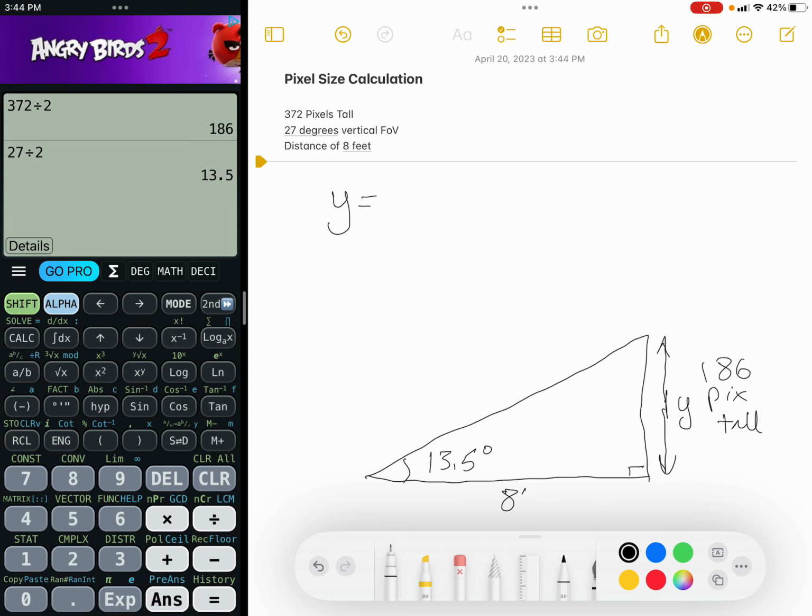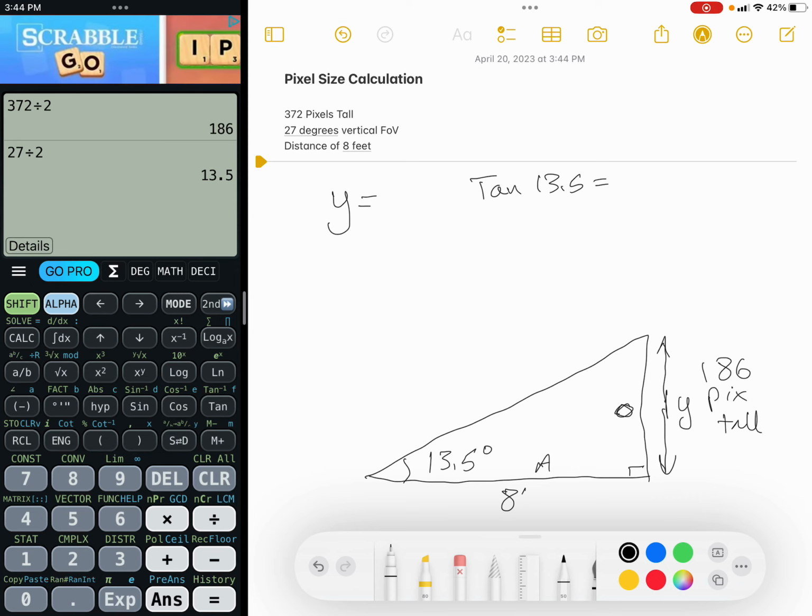Using SOHCAHTOA, as many people are familiar with, tangent equals opposite over adjacent. This is our opposite over here. So the tangent of 13.5 is going to equal the height divided by 8. And this will give us our y, our height in feet.